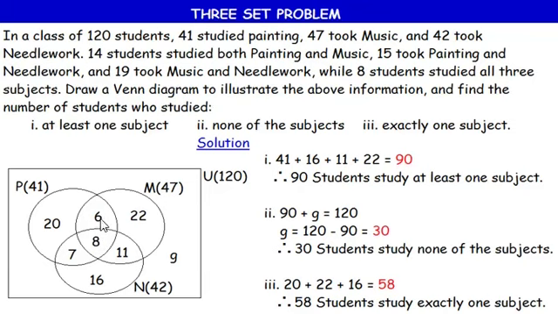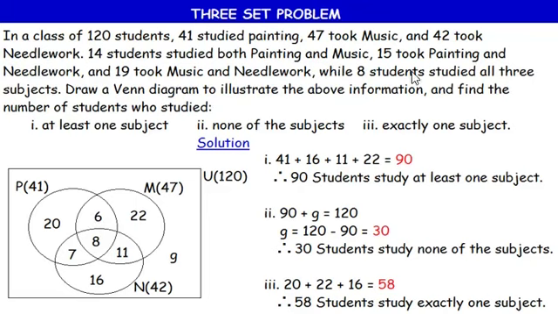Here is simply going to be 14 minus 8, and that is 6. I believe you are getting it. That is how come you are seeing the 6 here, because 14 study painting and music. So this region plus this region must give us 14. But this region is already 8. So how do we get painting and music only? It is simply 14 minus 8, and that is 6.